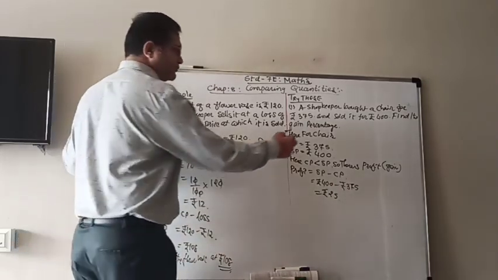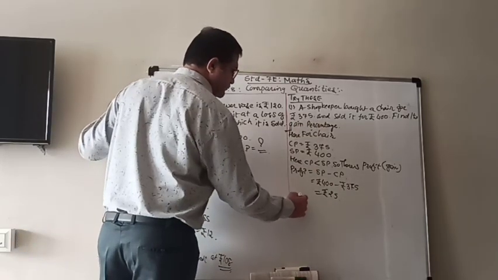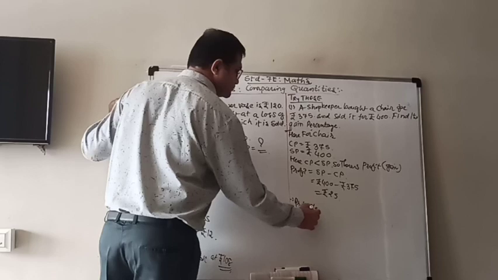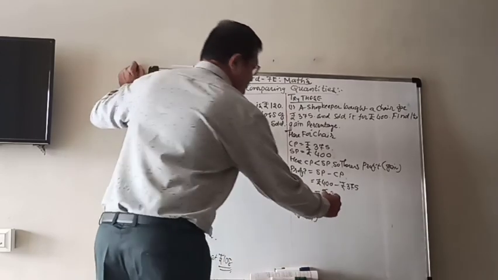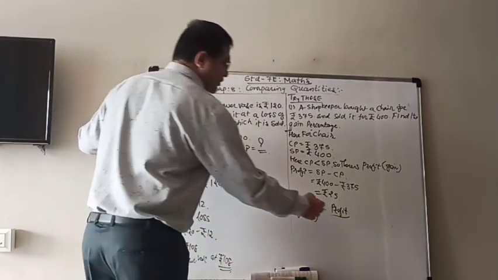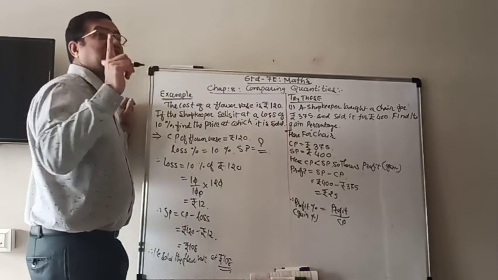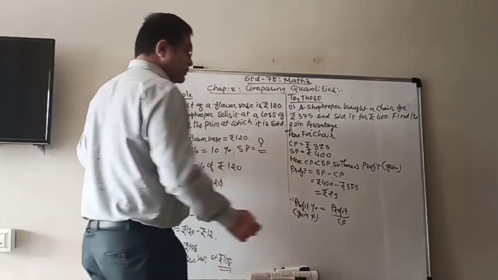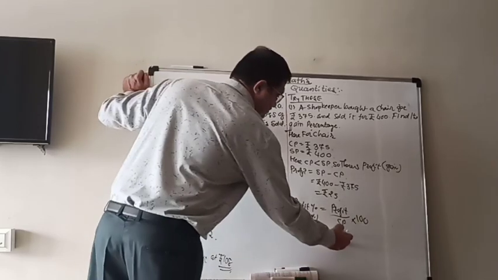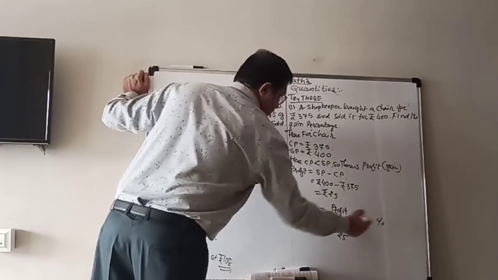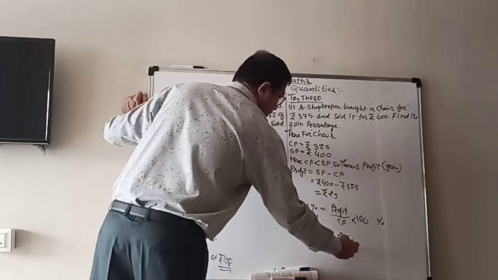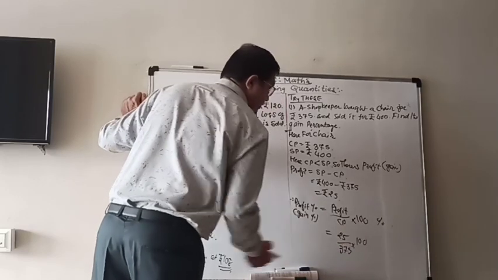But now we have to find the percentage. Therefore profit percent, or you can write gain percent, is equal to profit upon CP multiplied by 100. I already gave you the formulas. Always it is counted on CP, not on the selling price. So what is profit? 25 rupees, upon CP which is 375, multiplied by 100.